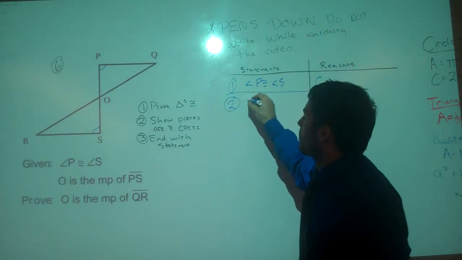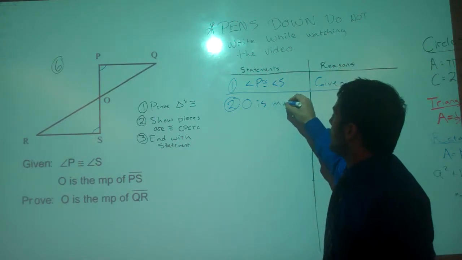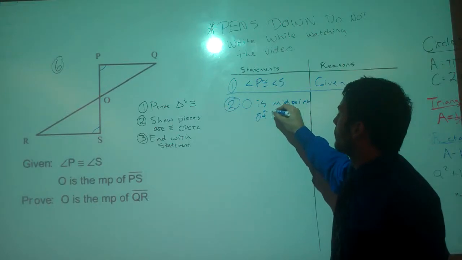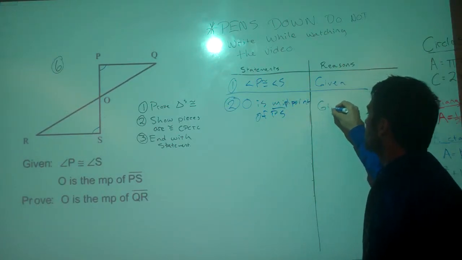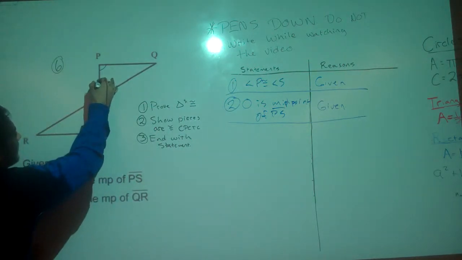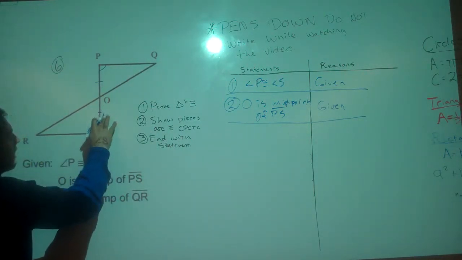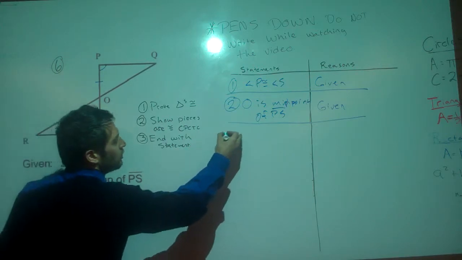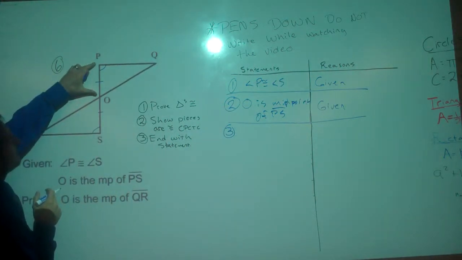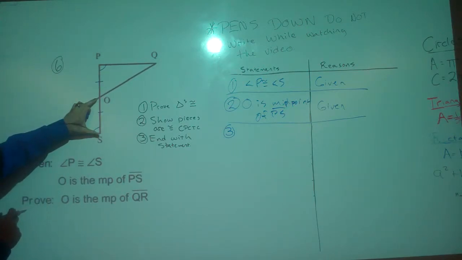The next given was that O is the midpoint of PS. Many students at this point will come over here and mark this as true and then move on in the proof. However, you will notice that there is nothing in step 2 that says that side PO is the same length as side OS.